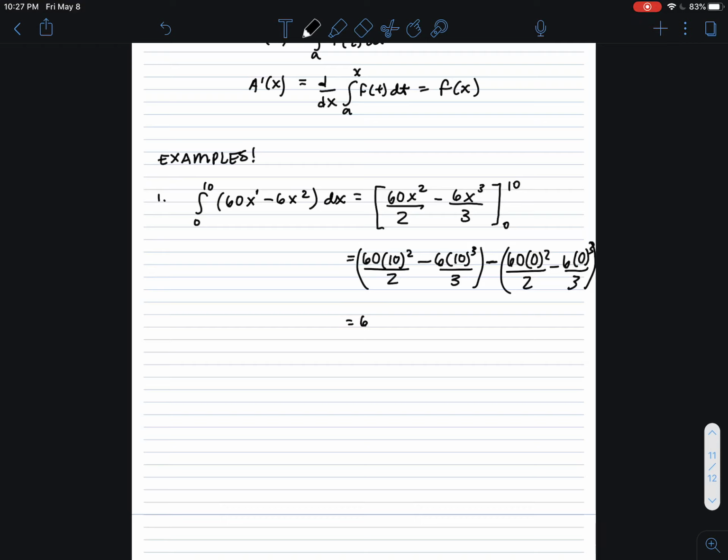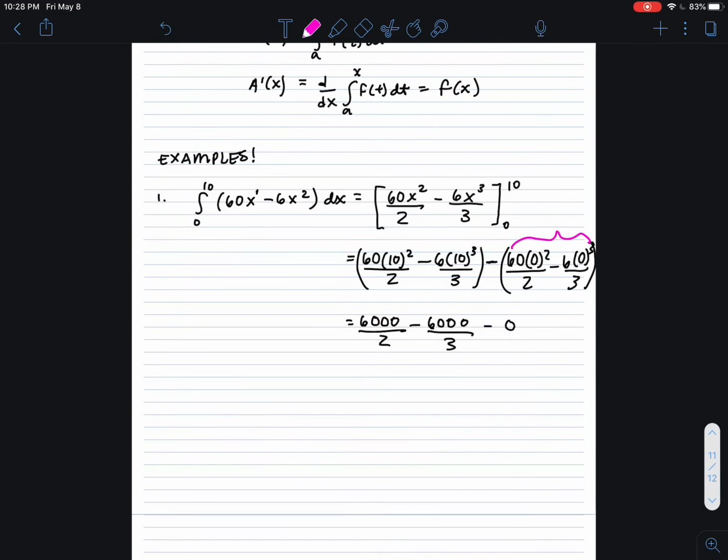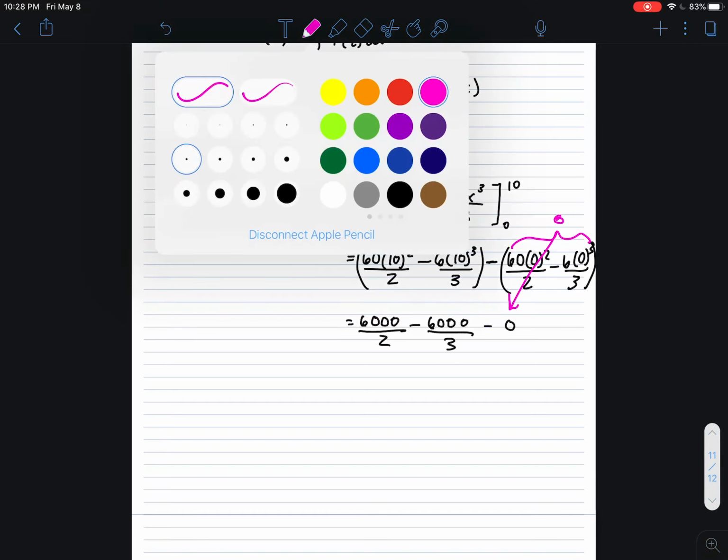We get 60 times 100, which is 6,000 over 2, minus 6 times 1,000, which is also 6,000, sorry, over 3, and then minus 0, because if you look here, both of these are multiplied by 0 in the numerator, so we just get 0 minus 0, which is 0, and so that guy becomes 0.